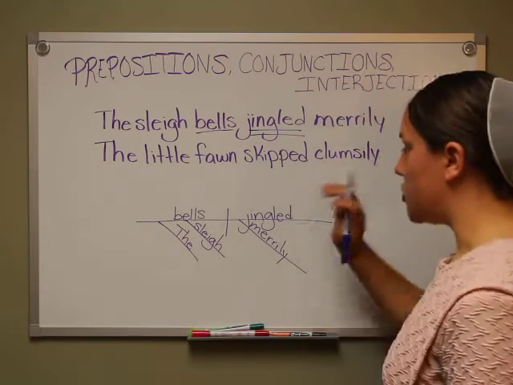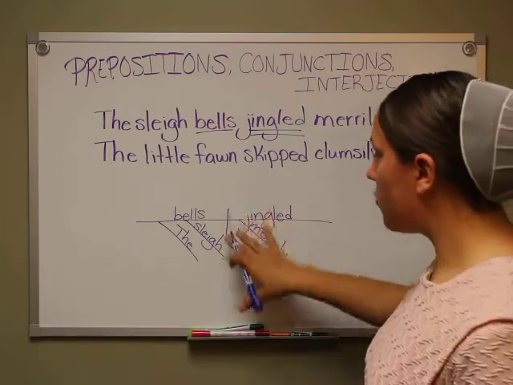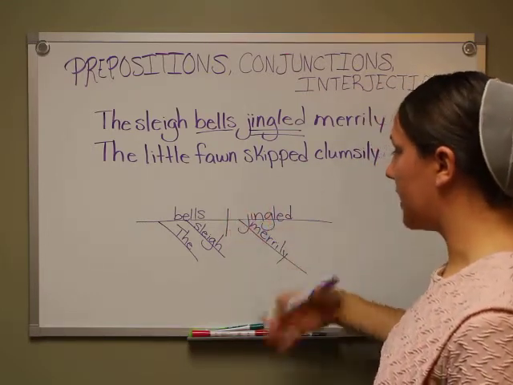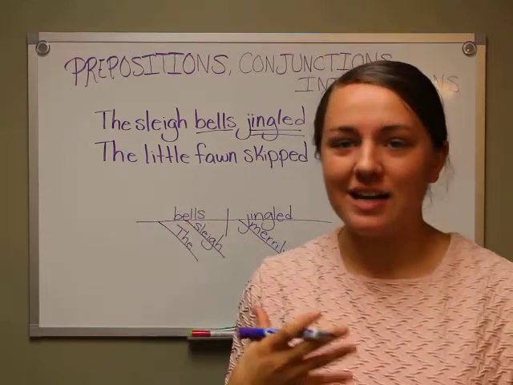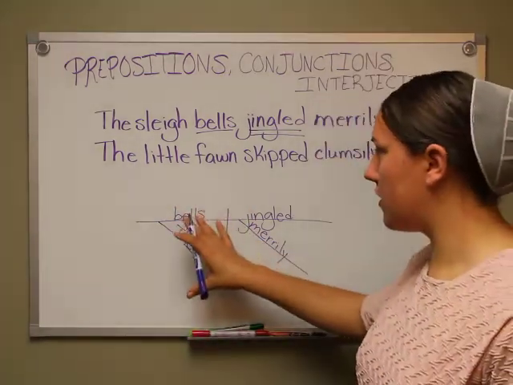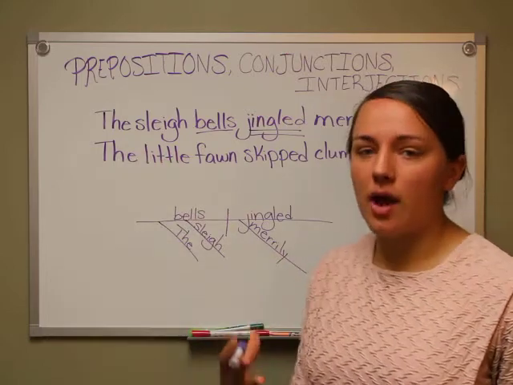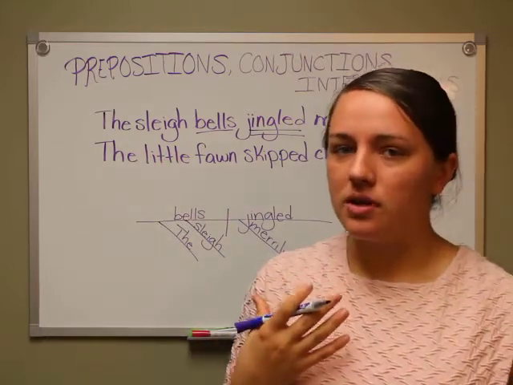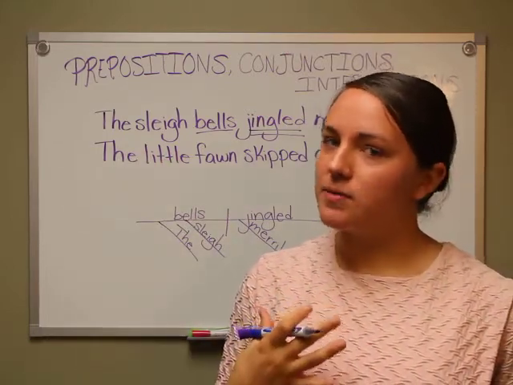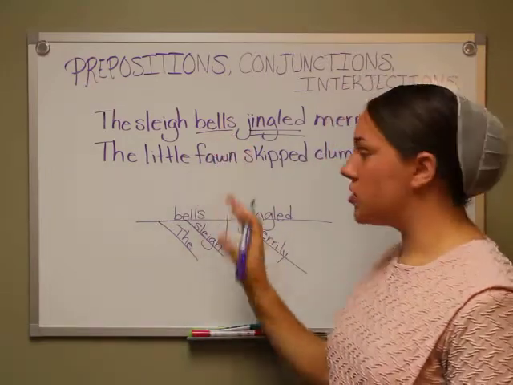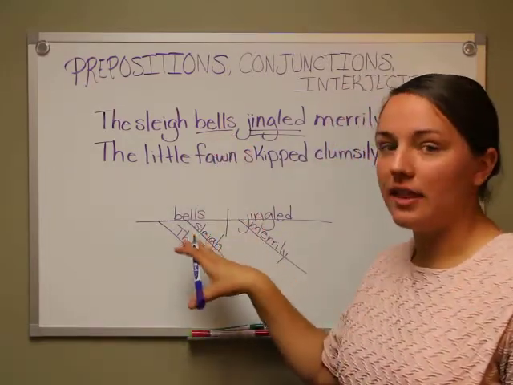Okay. Jingled is our verb, so it goes to the right of the middle dividing line. Bells is our subject because that is what jingled. That goes to the left of the line. The and sleigh are describing words, describing bells, which means they are adjectives because they're describing a noun. So they go in slanted lines underneath bells.